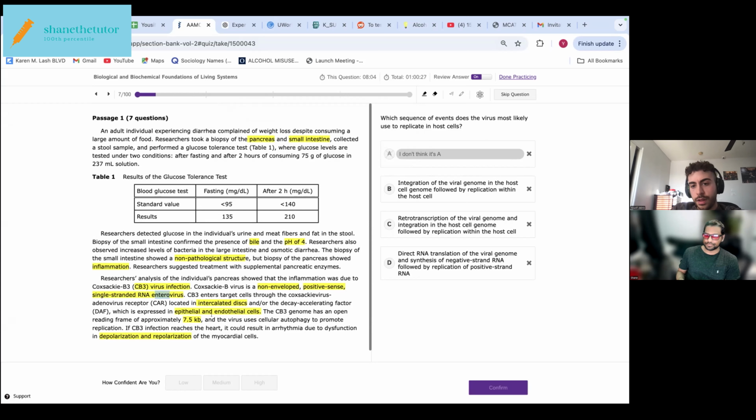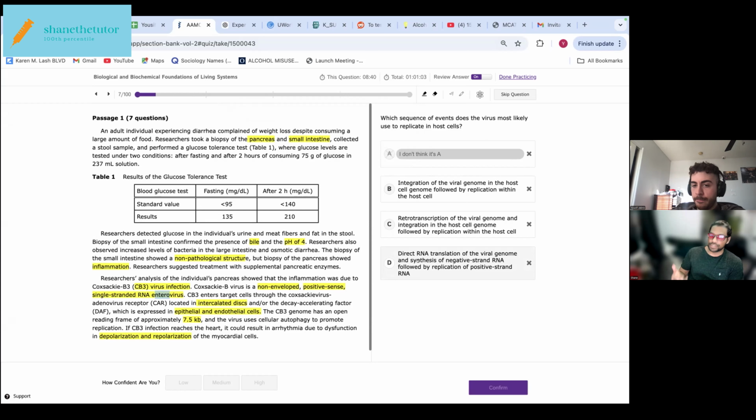And it says direct RNA translation of the viral genome and synthesis of negative strand RNA, followed by replication of positive strand RNA. Is it talking about negative strand RNA using the RNA polymerase to become positive strands? Oh, so this is just saying that we already have the positive sense, and that's why you can directly translate the RNA of the viral genome.